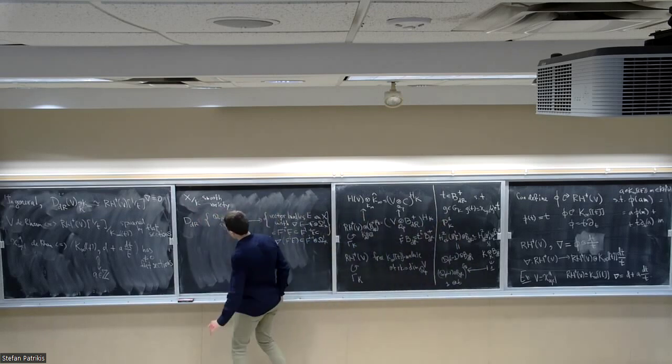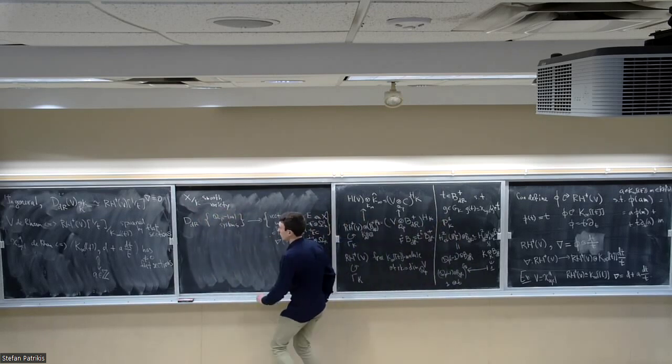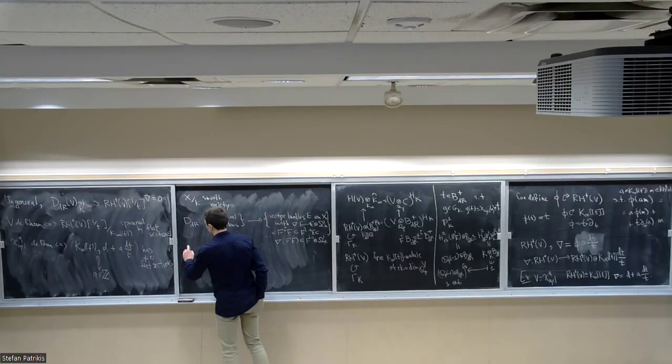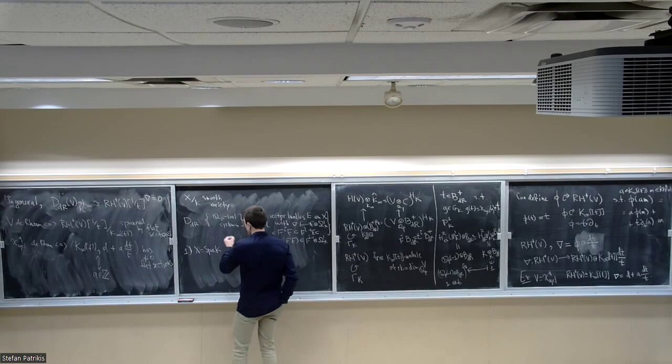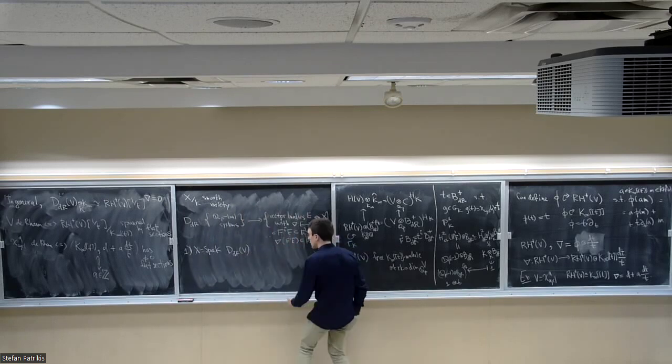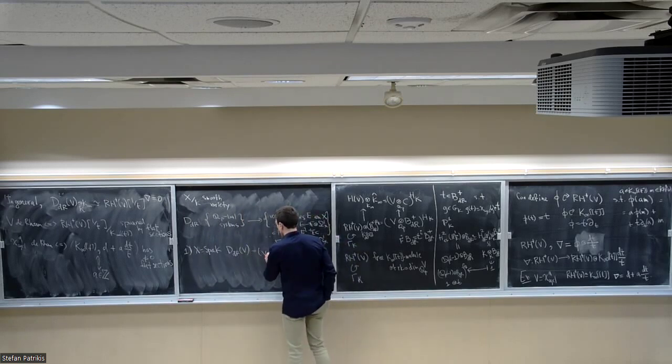So if my X was a point, then this is really what we've been doing all along. Properties: if X is a point, then local systems are just representations of the Galois group, and this is the period ring construction.